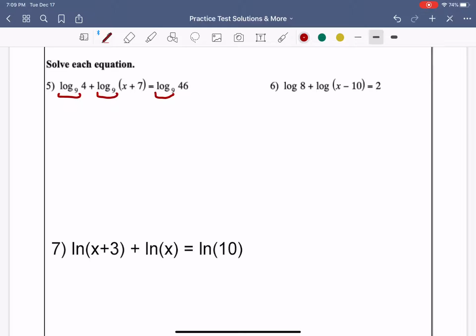So first we're going to combine these two logs on the left, and we just said that if we have addition going on, this turns into multiplication. All right, now we have log base 9 on both sides. That's very convenient to us because they just kind of cancel out.